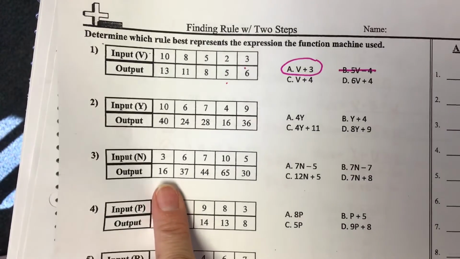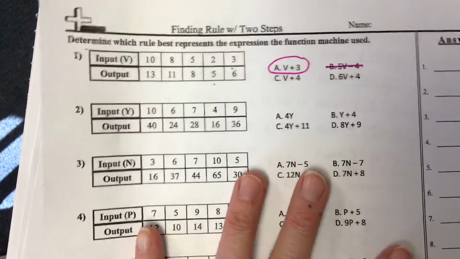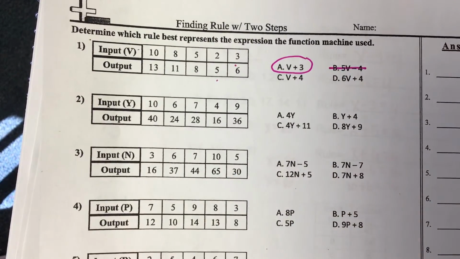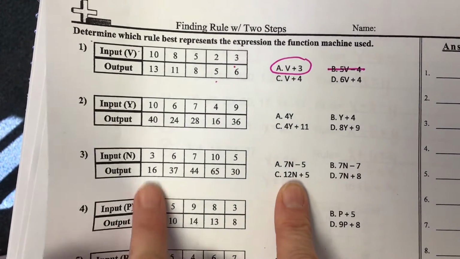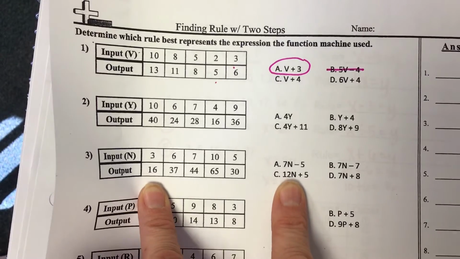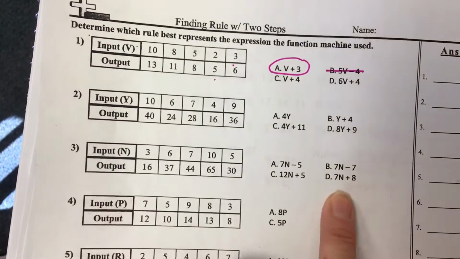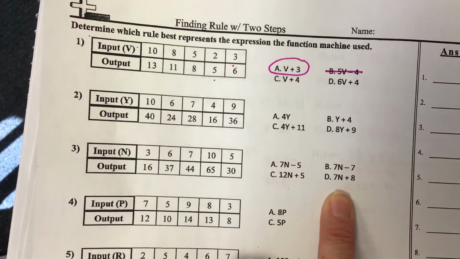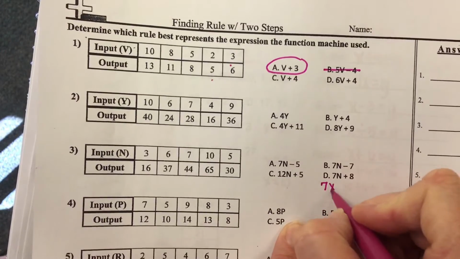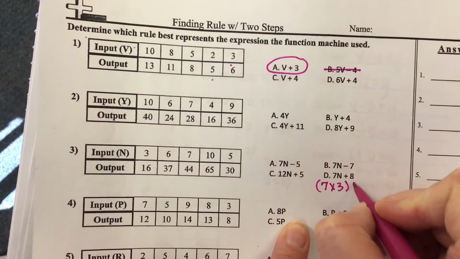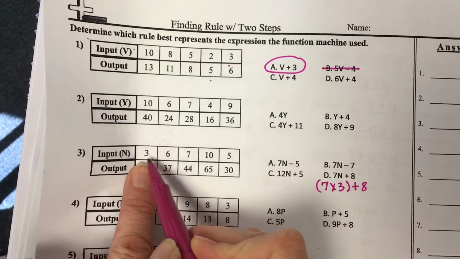Now, let's look at number 3. It's a two-step rule, and it's harder to find a two-step rule on our own, but luckily we have multiple choice here. So we can easily fill in the multiple choice until we get to the correct rule. So let's start with D, 7n plus 8. That's the same as saying 7 times 3 plus 8, because I'm using the 3 from here.